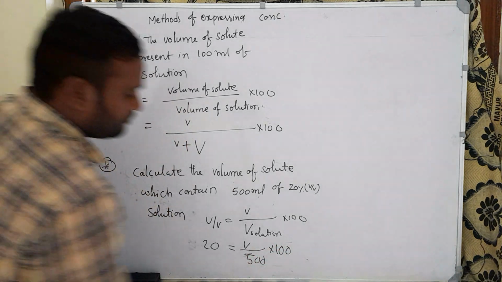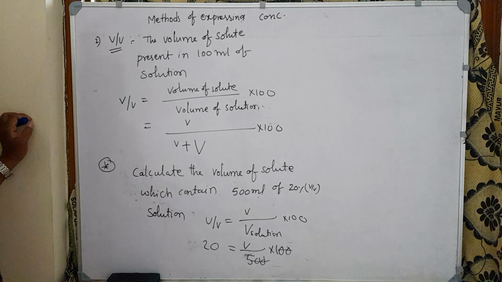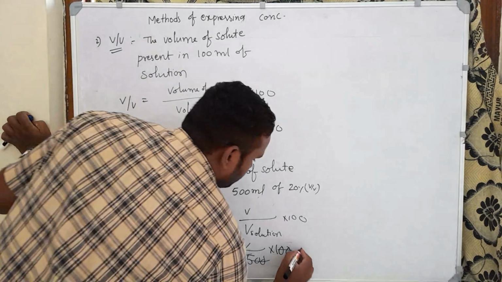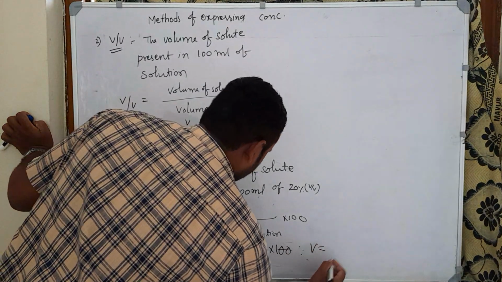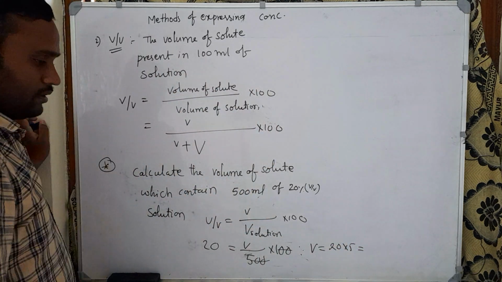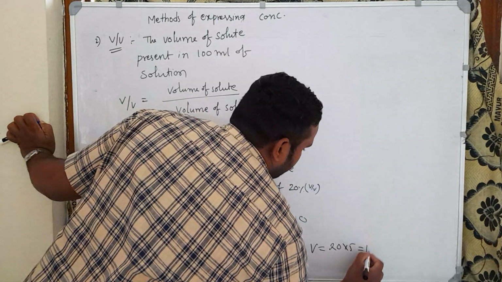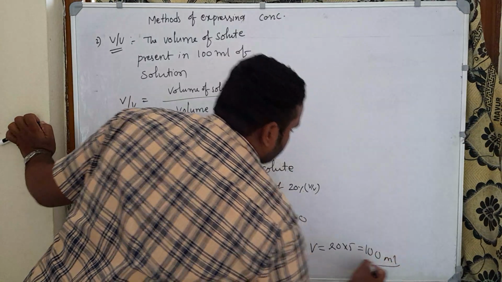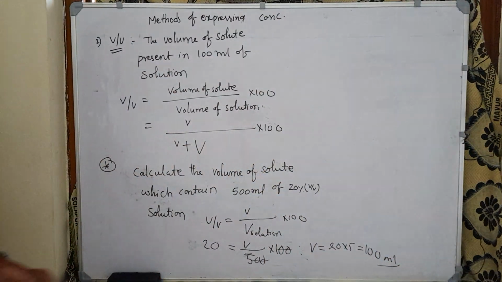Now 500 by 100 means 5. Therefore V is equal to 20 into 5, that is 100 ml. So the volume of solute is 100 ml. In this way we can calculate the volume of solute.